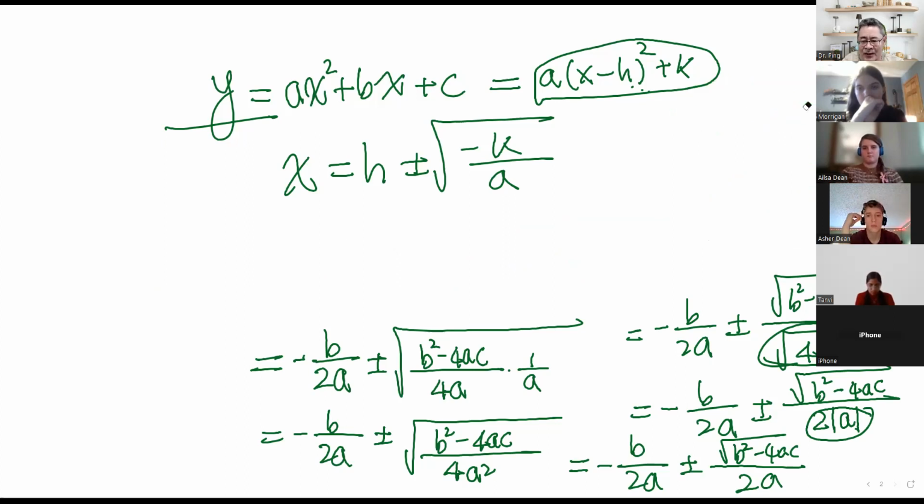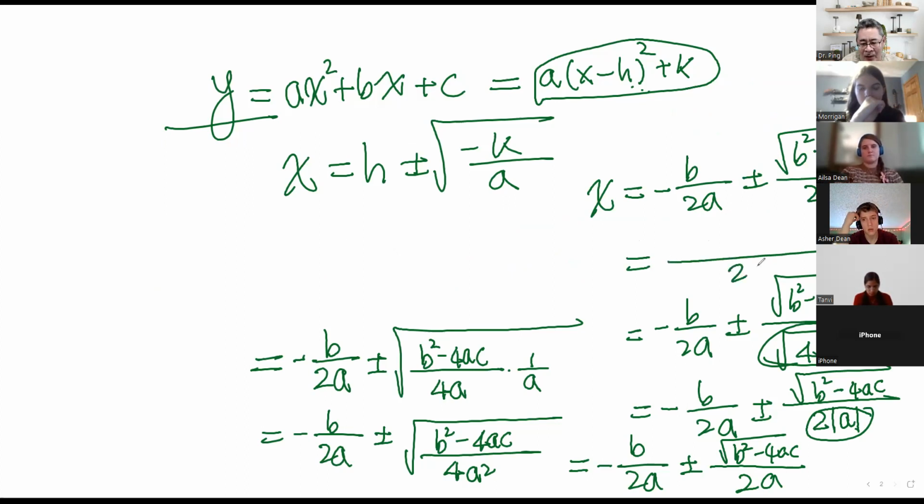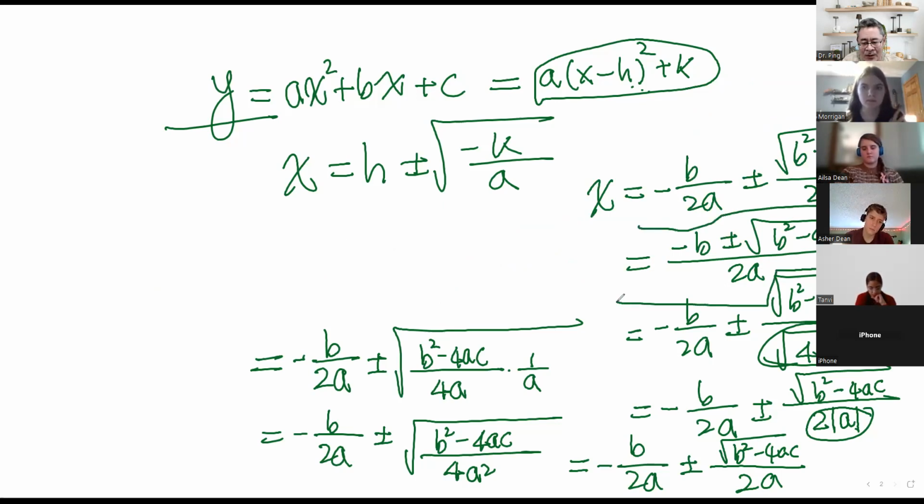I mean, how to manipulate symbols. Now we know our x is equal to minus b over 2a plus minus the square root of b squared minus 4ac over 2a. Now we have the same denominator, so we can put them together: minus b plus minus the square root of b squared minus 4ac, over 2a. Good. So that is how we got this famous formula, the quadratic formula.